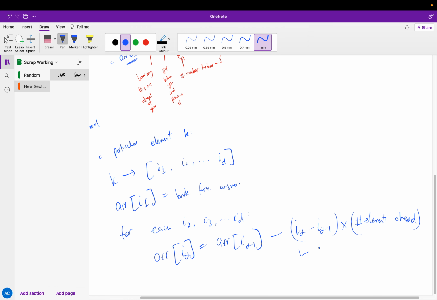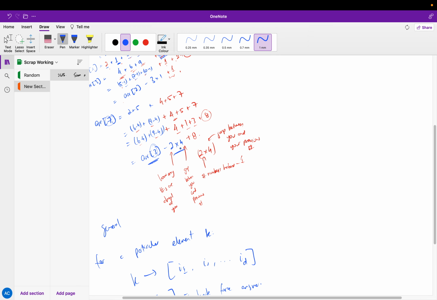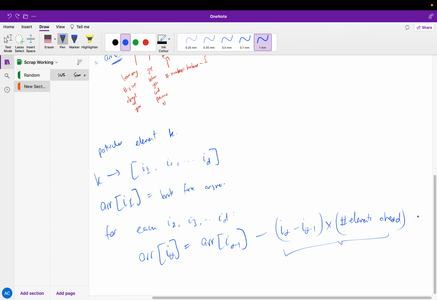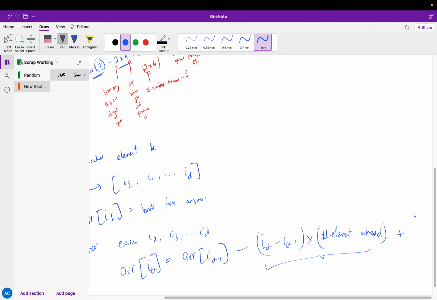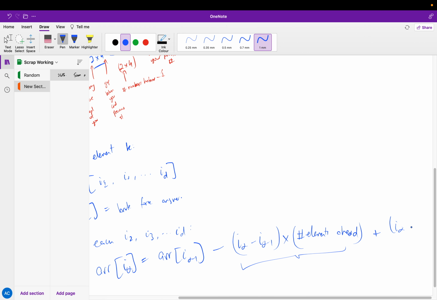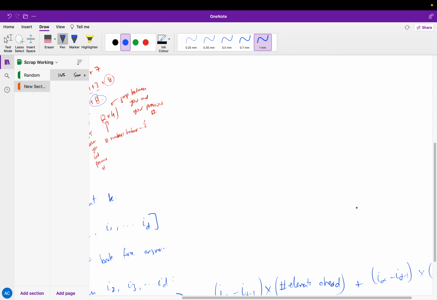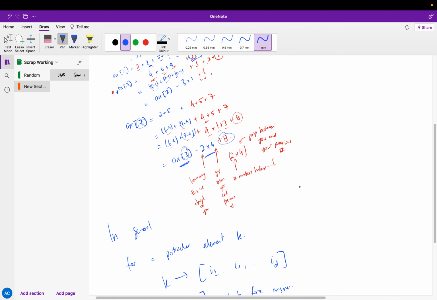So this is referring to this part. And then we're adding the excess term, which is I alpha minus 1 times the number of elements behind minus 1.